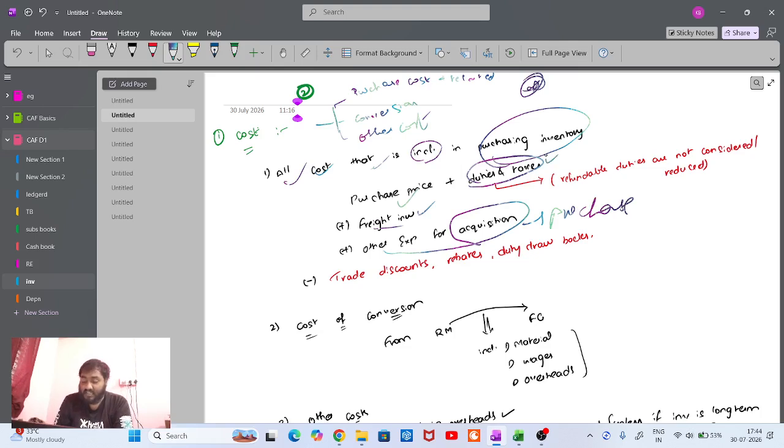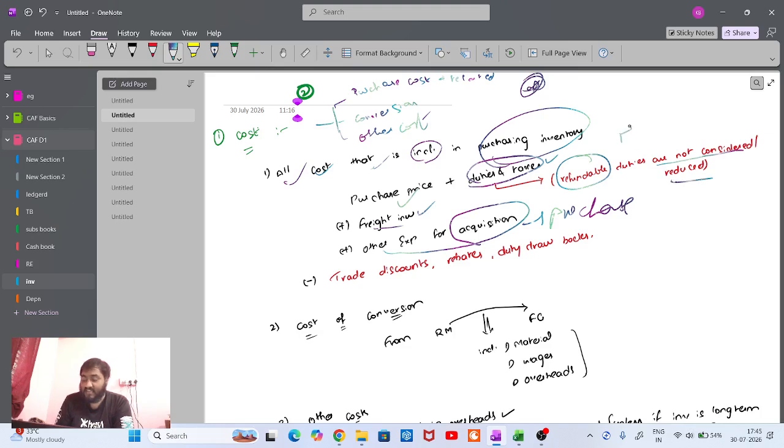But for duties and taxes, if you remember while passing journal entries, I have told you about GST, where output CGST and SGST and input CGST and SGST could be set off. Input CGST and SGST are refundable to us, which is why we do not recognize them here.